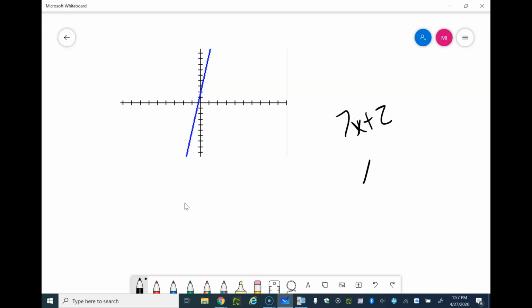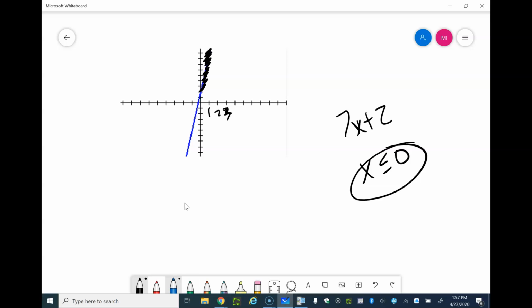However, I only want the x's that are less than or equal to 0. So looking at this one here, what I don't want is anything, because this is 1, this is 2, this is 3. These are going to be greater than 0, and I don't want that. So all this here, I don't need.